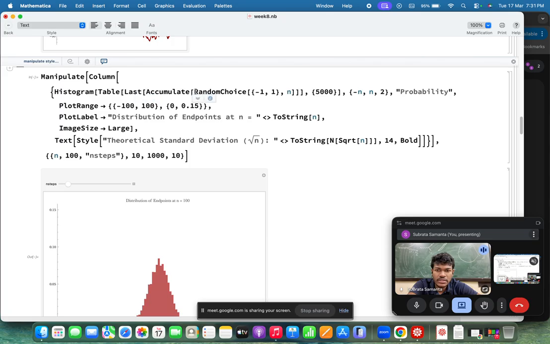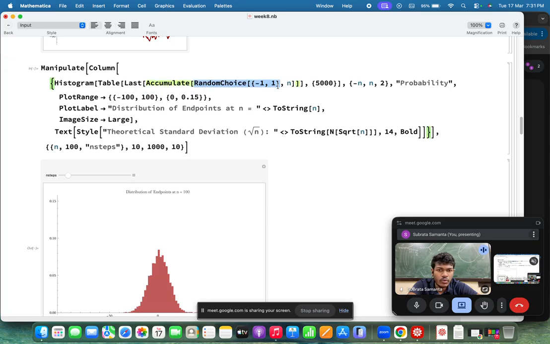First I choose -1 or 1, n times. So this is basically two numbers, -1 or +1. I can make a list, and then I accumulate, and then I extract the last one, the last position.